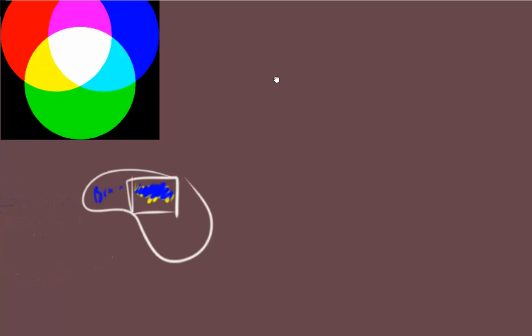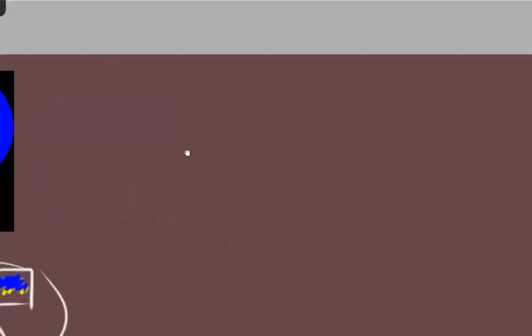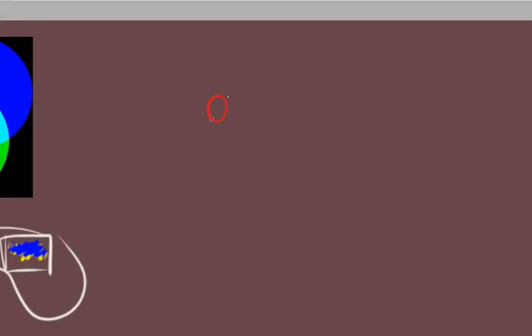Say you're with a friend and you see this red ball. And you call it red. And this is what you see as red.